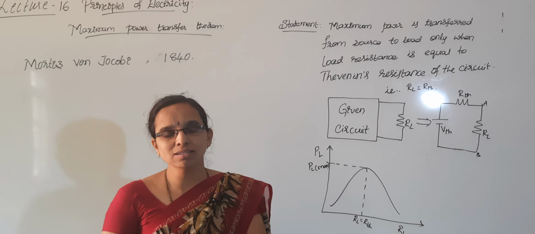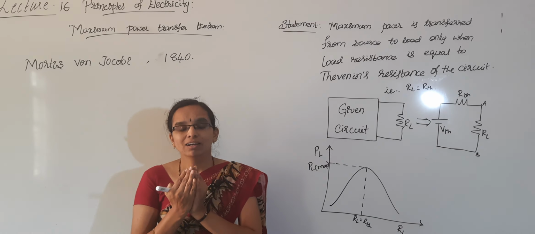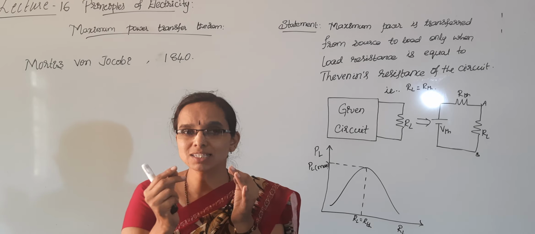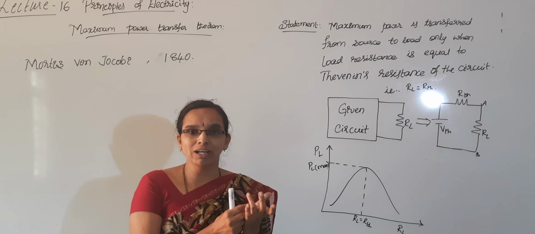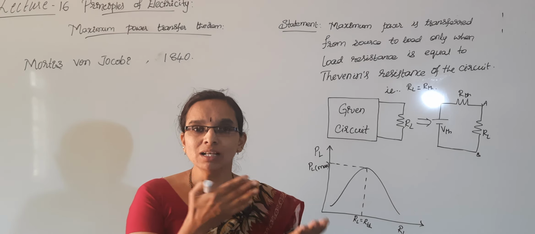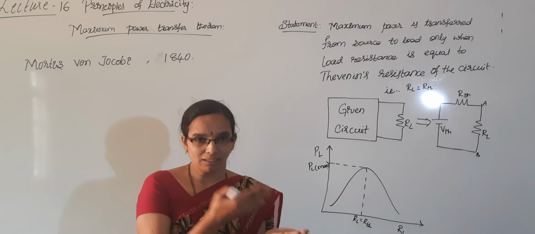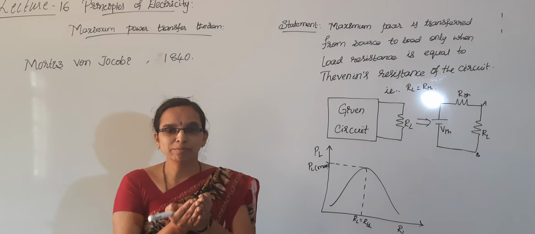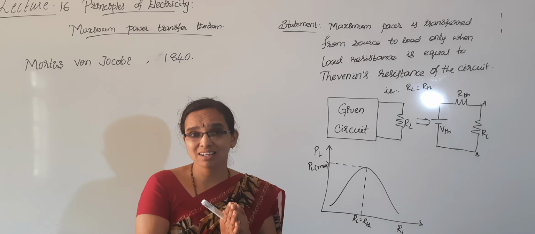Power transmission, in the sense, whatever we deal with in electronic appliances, wherever you charge your mobile phone, there is a power transmission. That means voltage and current flow through that battery and energy is stored in that battery. That means power is transferred.